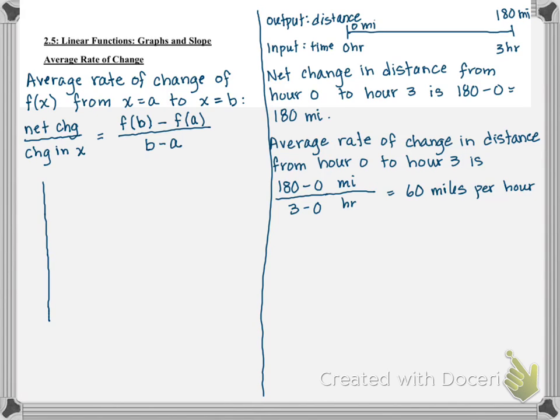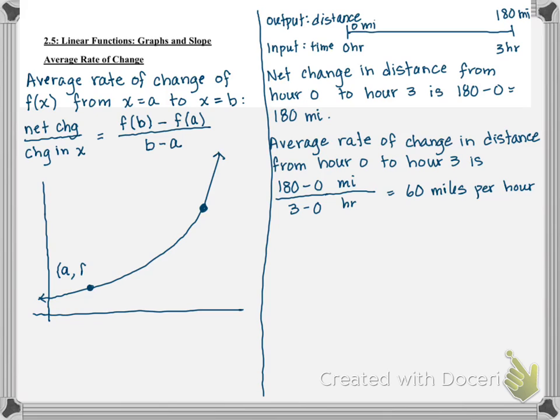Let's just say I have any old function. And we're looking at where x equals a and x equals b. So we've got 2 points. The x value of the first point is a, and then the y value is our function evaluated for an x value of a.